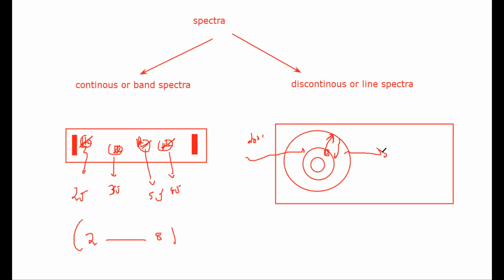For example, if you take hydrogen and it is giving 2 joules of energy, then for all the atoms of hydrogen, the gap, the distance between the shells, is the same. So every time an electron is excited and returns back, it will release the same amount of energy, and we call that a line spectra or line spectrum. Is it clear?